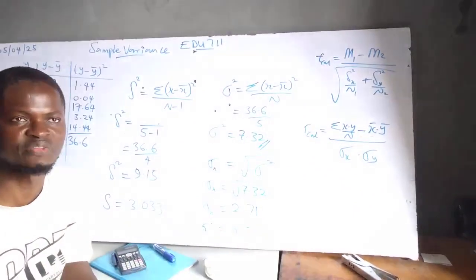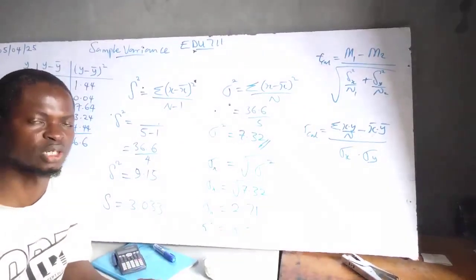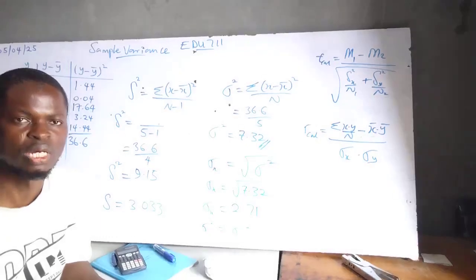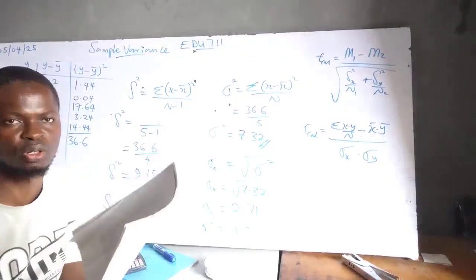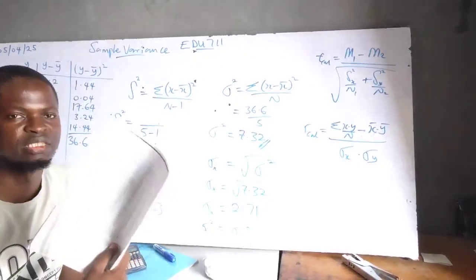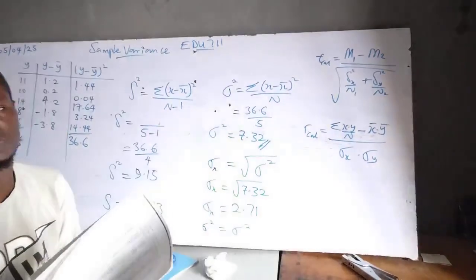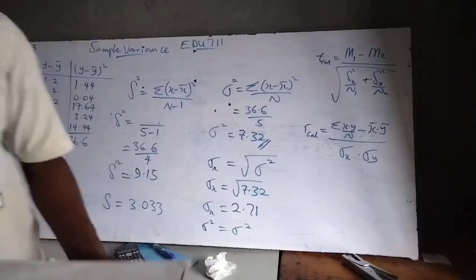So they have their different tables. Pearson correlation has its own critical table, and Spearman correlation has its own critical table. So I'm going to take us through again the table for each calculation, for each analysis. So let's go.